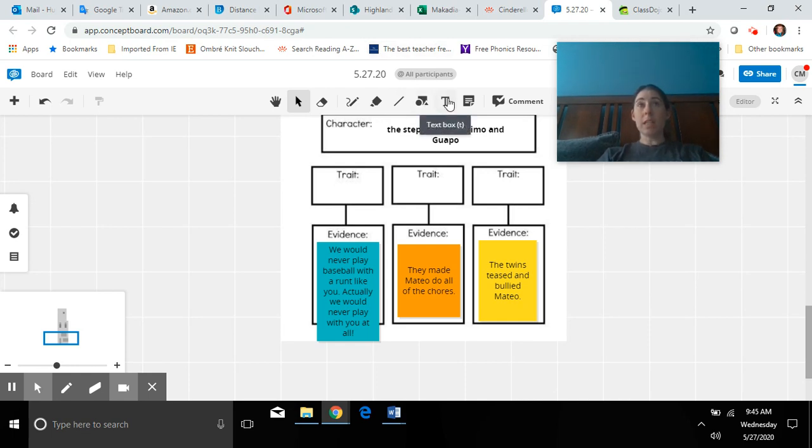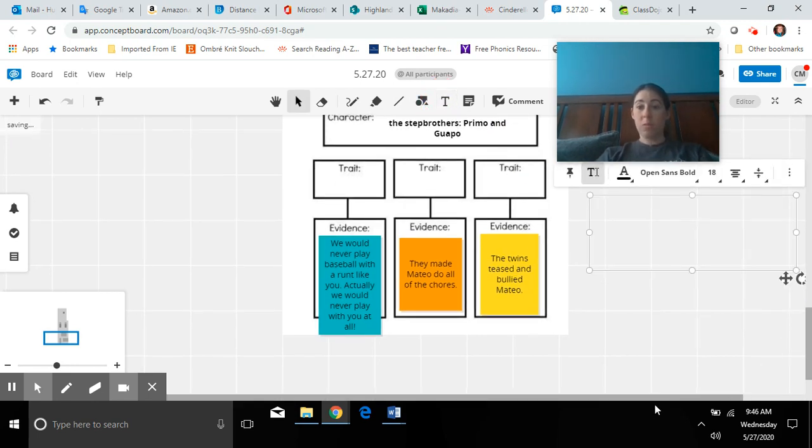And we can start, remember, by saying, I think, or I feel. I think this time I'm going to start my opinion with I think. I think the stepbrothers are blank.